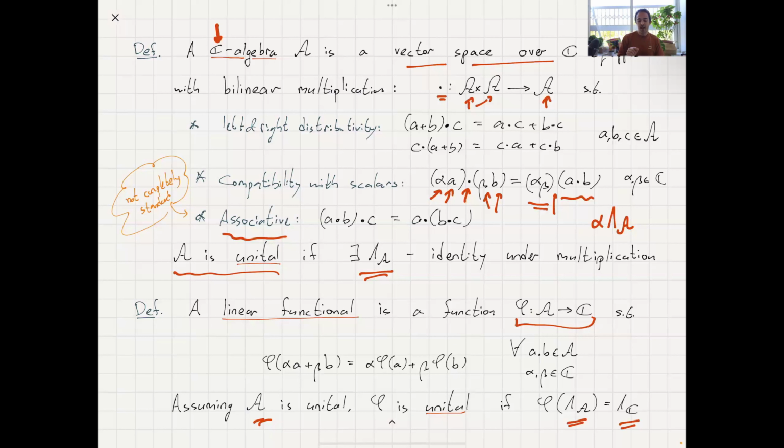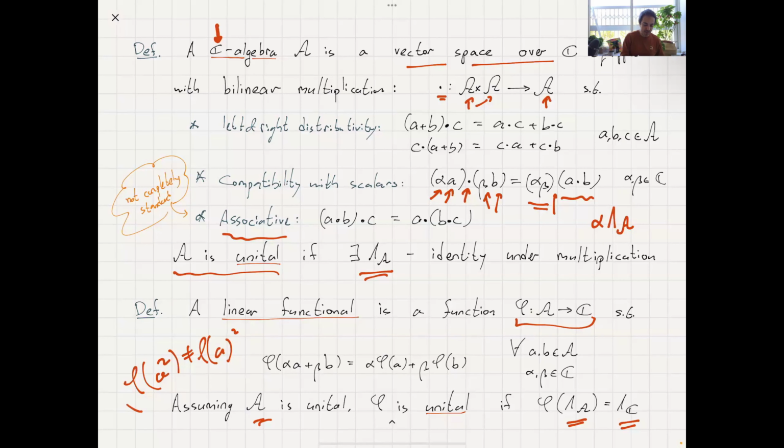Now note that a linear functional does not respect the product, namely the new product that we have, and phi of a squared is not necessarily phi of a, squared, right? That's the whole point. The point is that phi is going to encode information about the powers.